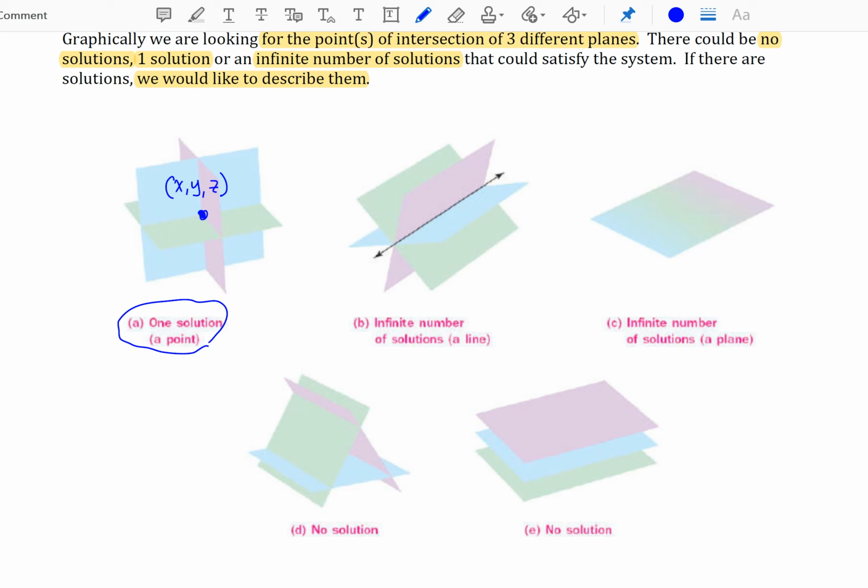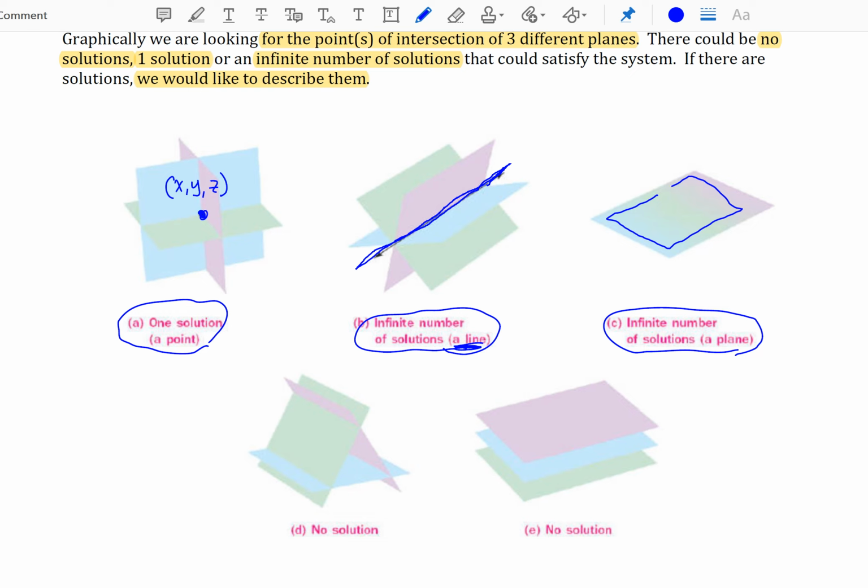Or the 3 planes could intersect along a line. This would provide us with an infinite number of solutions that live along that line. Or the 3 planes could all intersect on a plane. What this would really mean is that the 3 planes are all actually identically the same plane.